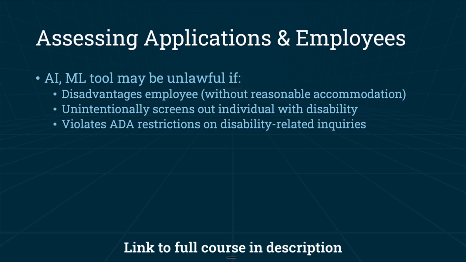Finally, these tools may also violate ADA restrictions if there's something in the system or the process that would be considered a disability-related inquiry. For example, during the hiring process, employers are prohibited from inquiring about whether an individual may have a certain disability.